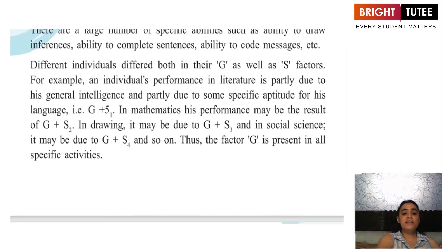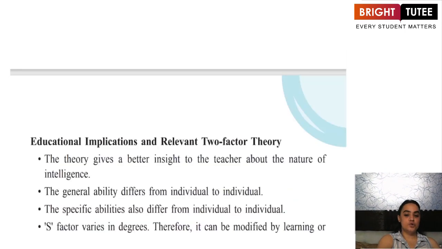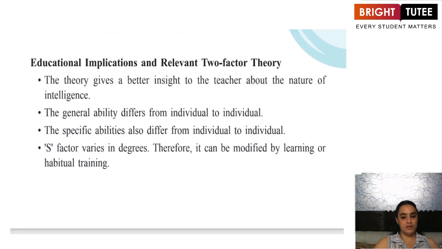Now, what are the educational implications of this two-factor theory? How did this two-factor theory prove to be useful in the field of education? One, this theory gives a teacher better information about the nature of intelligence of the children.